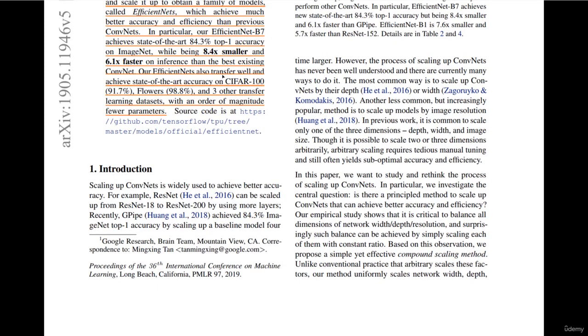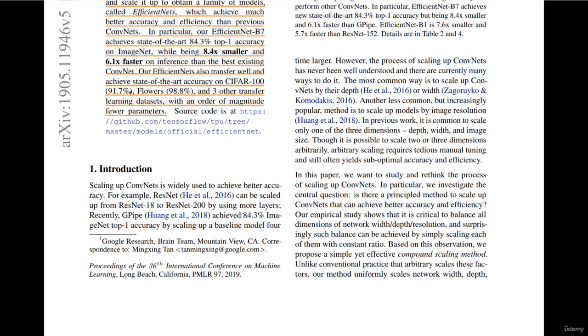Our EfficientNet also transfers well and achieves state-of-the-art on CIFAR-100, that's 91.7%, and this other dataset, the Flowers dataset, and 3 other transfer learning datasets.